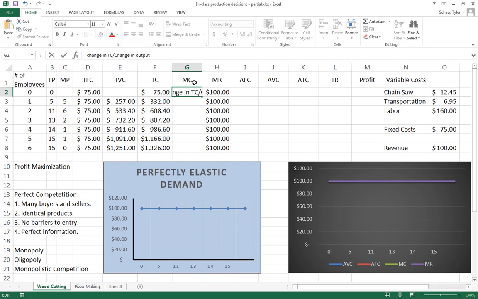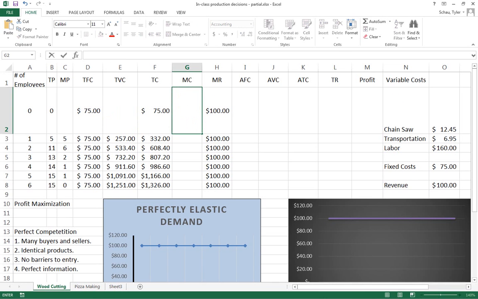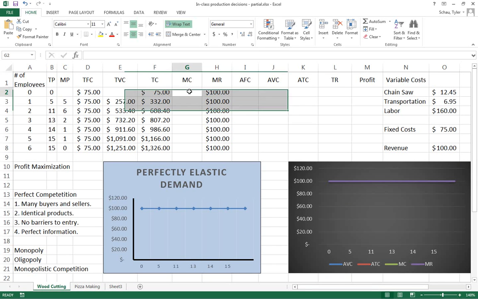The reason is the only difference between this number and this number is $75, which happens to be the same difference between this number and that one, and that's because we've got $75 in fixed costs.